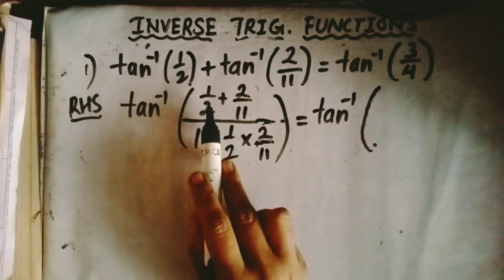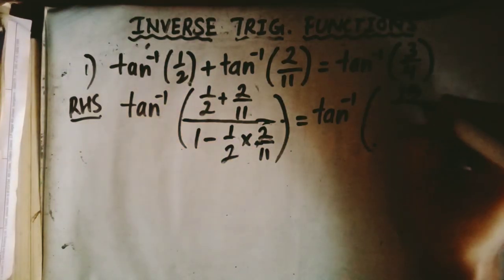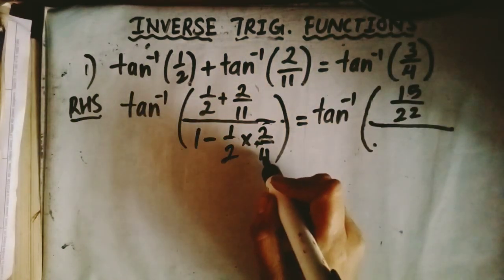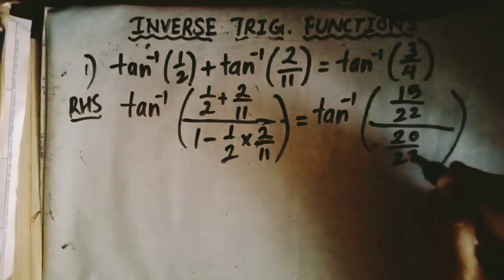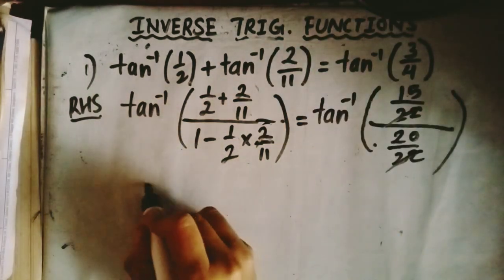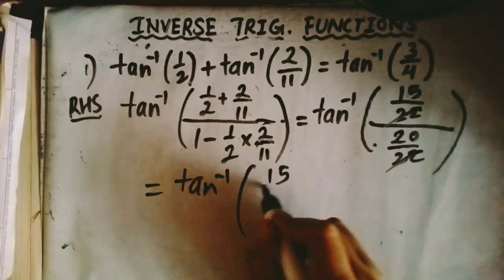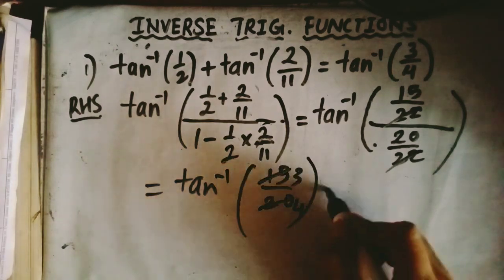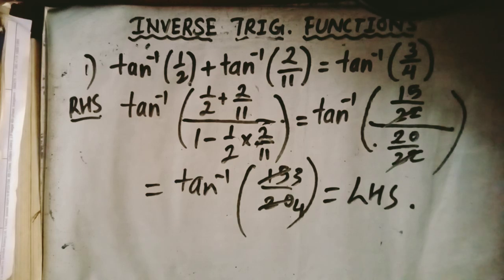So here you will get 11 plus 4, so 15 by 22 upon 22 minus 2, so 20 by 22. So this gets cancelled. You will get tan inverse 15 upon 20, so 5 3s are 15, 5 4s are 20, so this is RHS. Tan inverse 3 by 4.